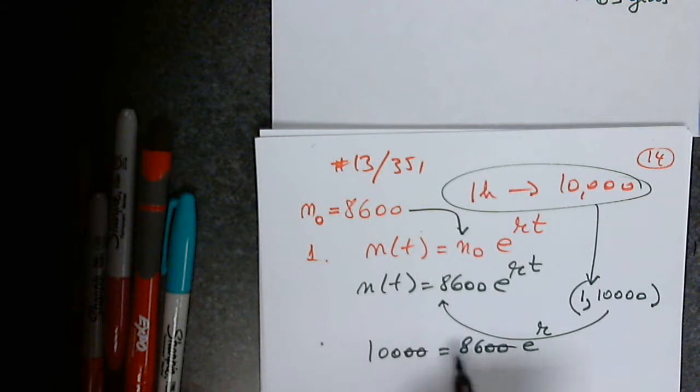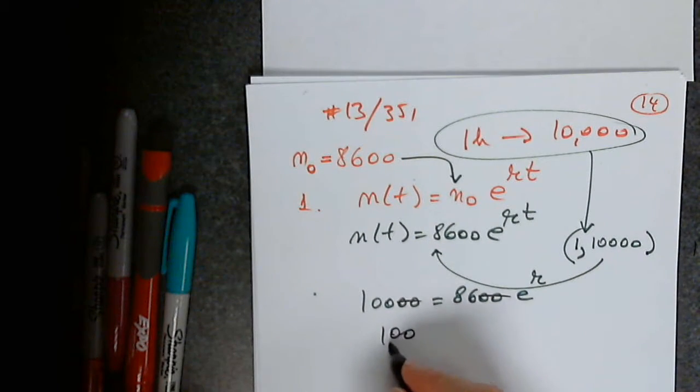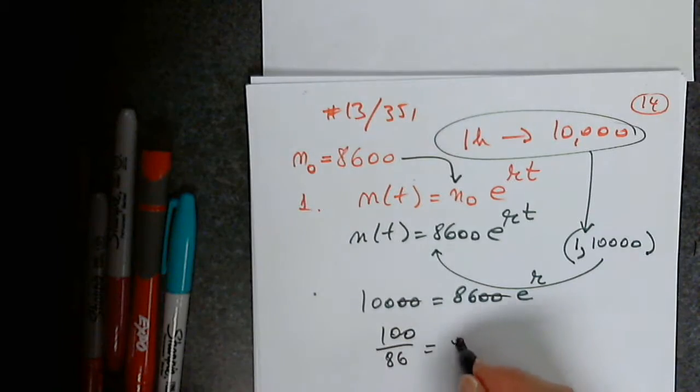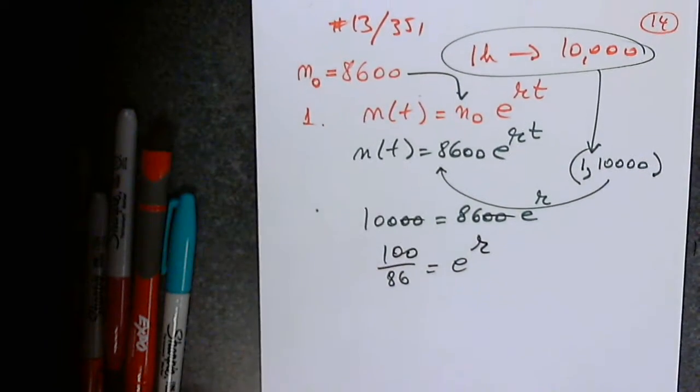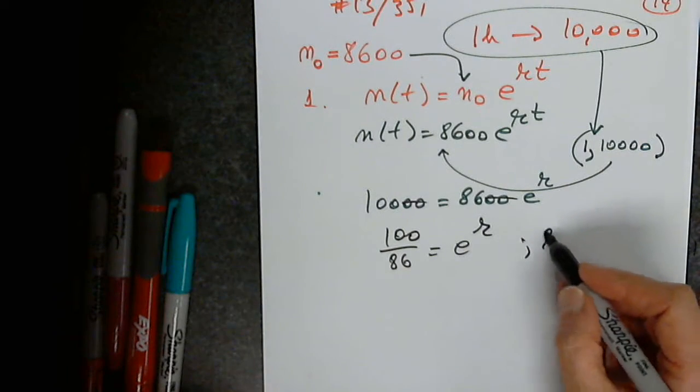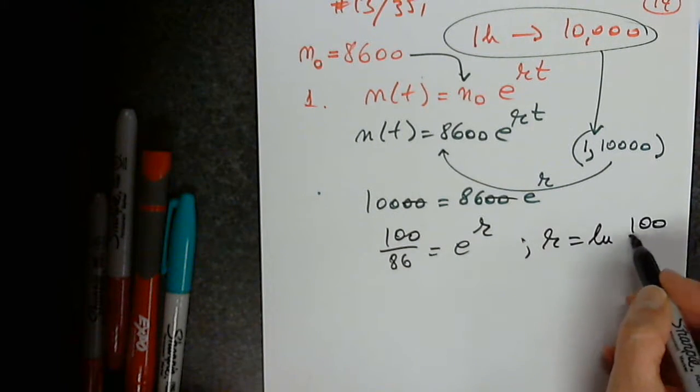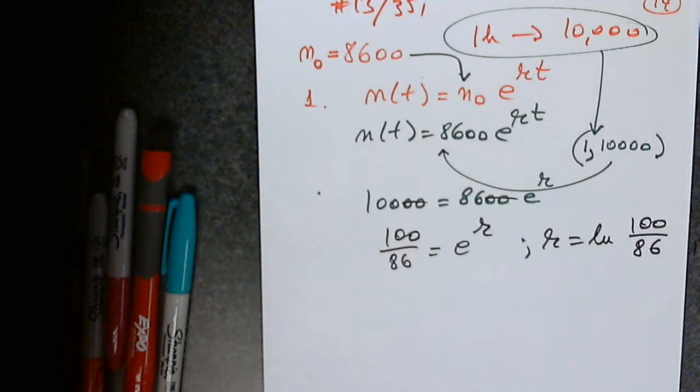I'll divide both sides by 86, so it's 100 over 86 equals e to the r. And then apply natural log. So r equals natural log of 100 over 86. And now with this, I have the model. I only have to determine natural log of 100 divided by 86. 15%, a lot.